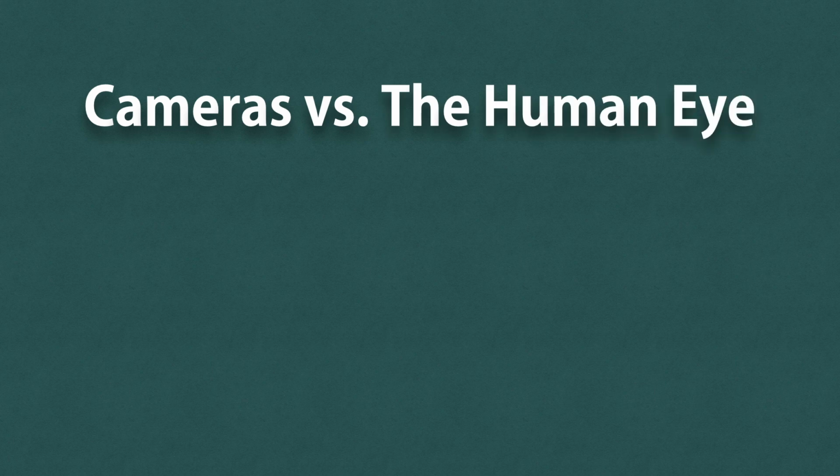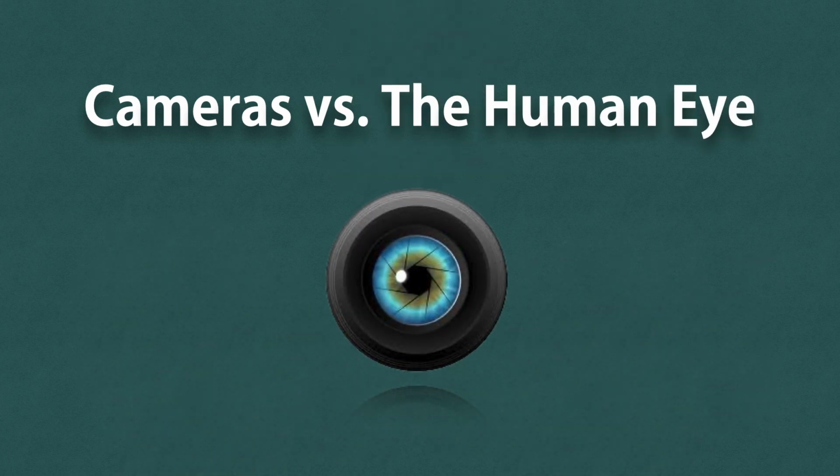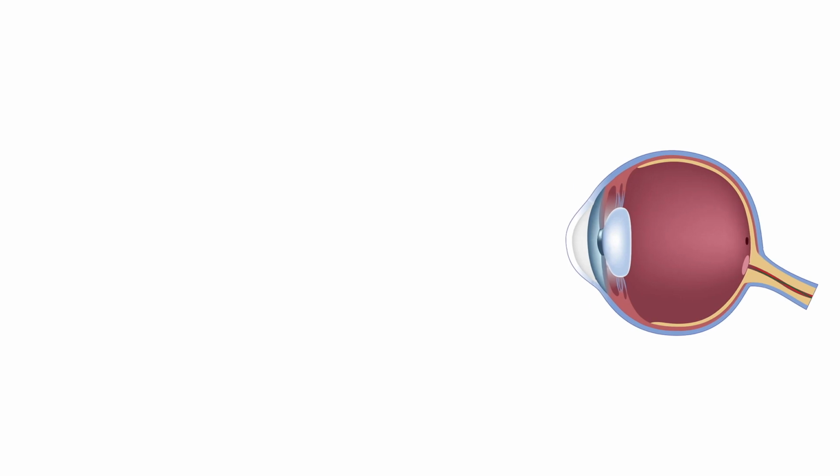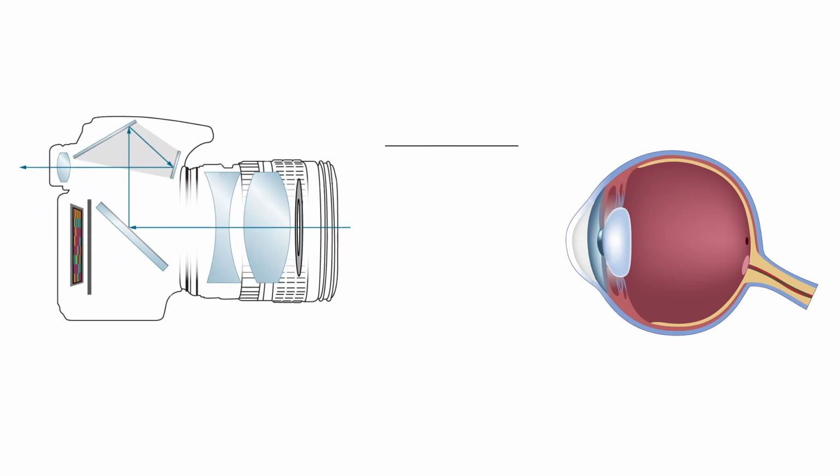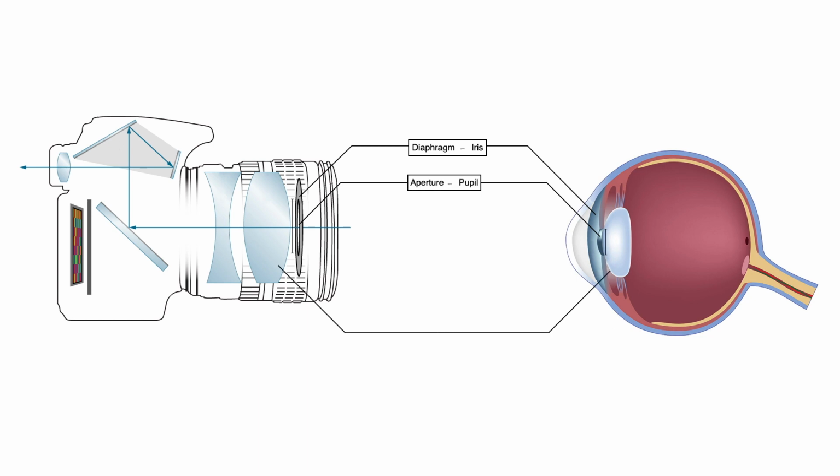Before I talk about how the diaphragm works, to make understanding easier, let's use the similarity between the human eye and the camera. In the human eye, the light goes through the iris, pupil, and lens, and the image is shown on the retina. Exactly in the camera, light goes through the diaphragm, aperture, and the lens to form the image on the sensor.